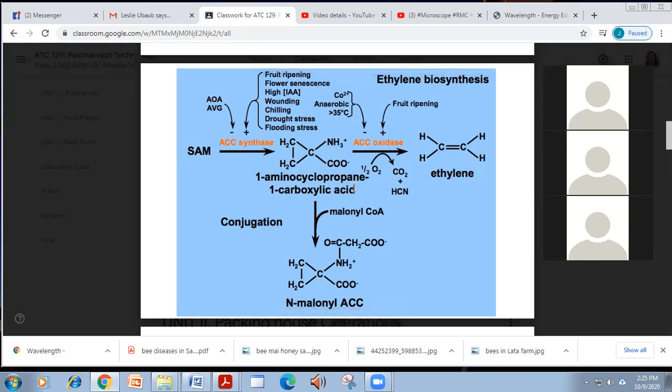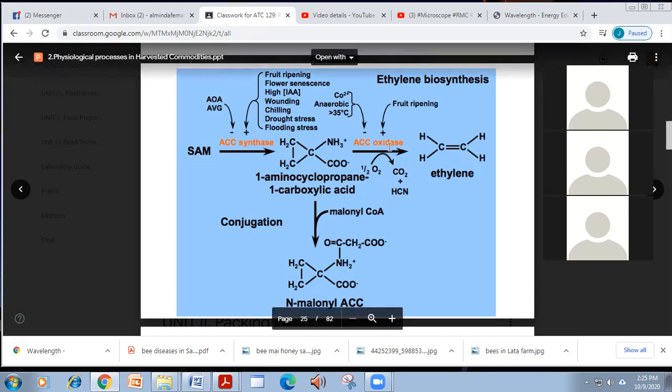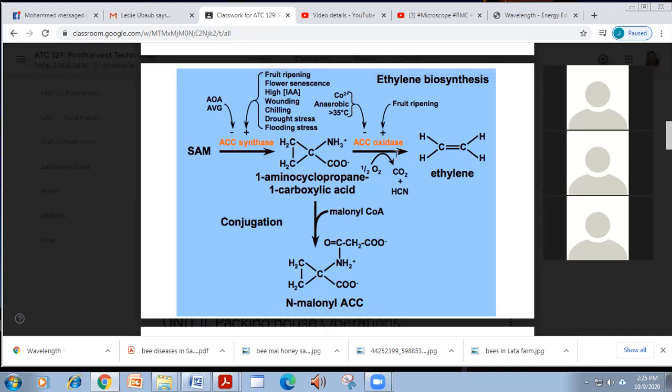So the ACC is produced, and upon fruit ripening, when the commodity of fruits and vegetables is ripe and yellow, this ACC oxidase will then convert it into ethylene.